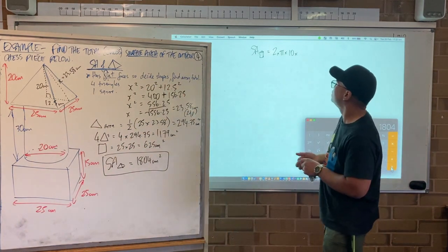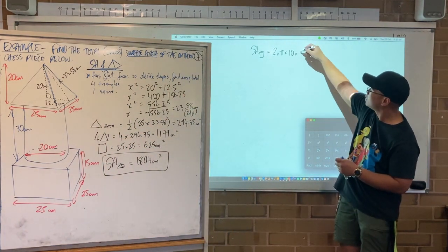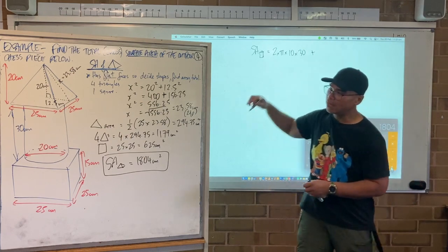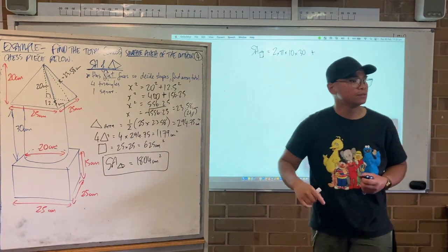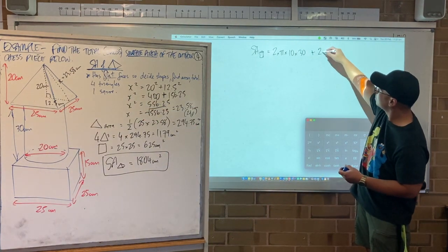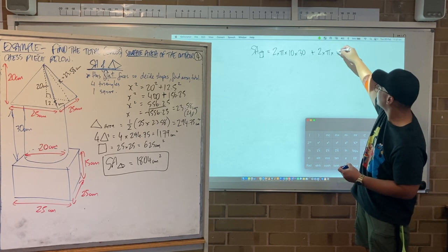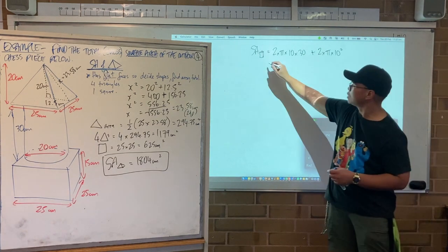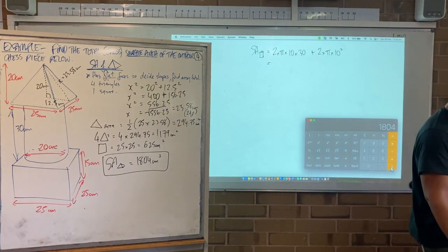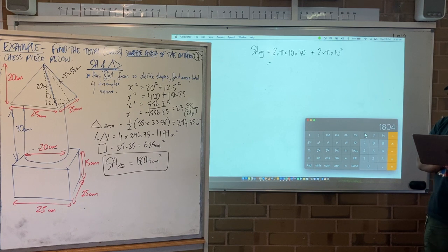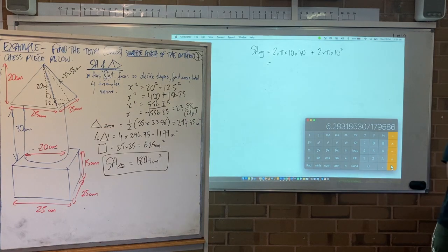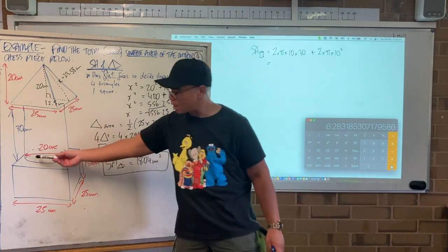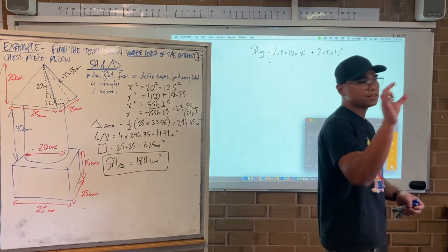So 2 pi r h, with 30, plus, fill in that formula. Now we're doing the 2 circles, 2 times pi times the radius, which was 10, squared. Use the calculator for that, and use the calculator's version of pi as well. 2 times pi times 10, because this 20 is the diameter, it's all the way across, the radius is half.